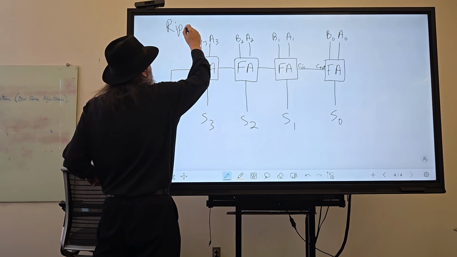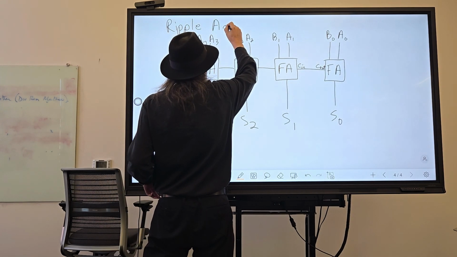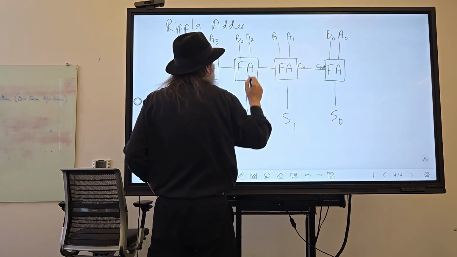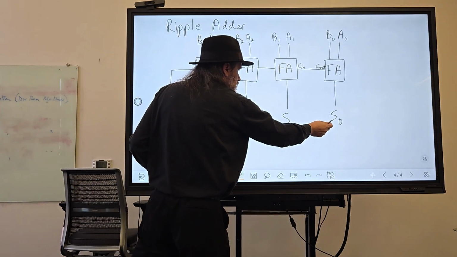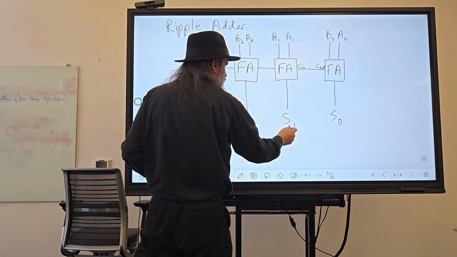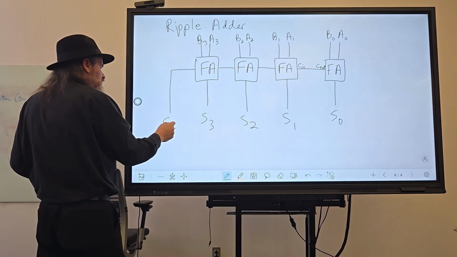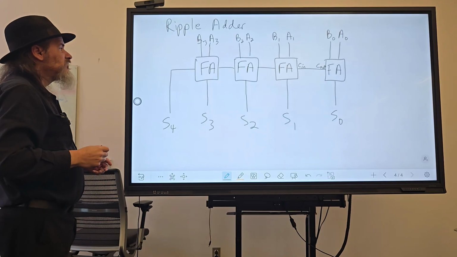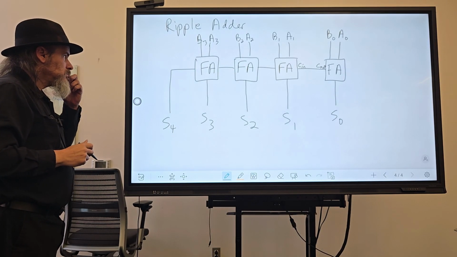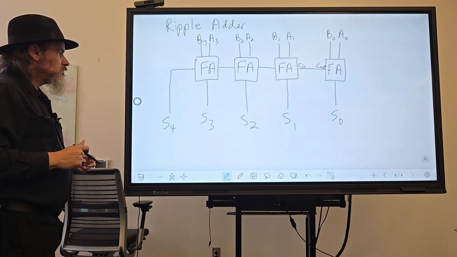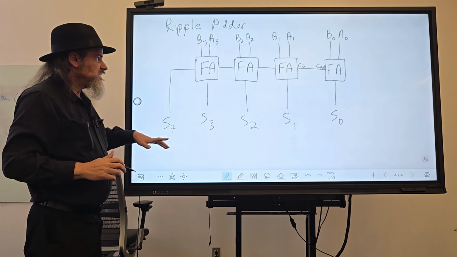It ripples down. The result is valid here, and then it becomes valid here, then here, then here, and here. So the result is not valid immediately.